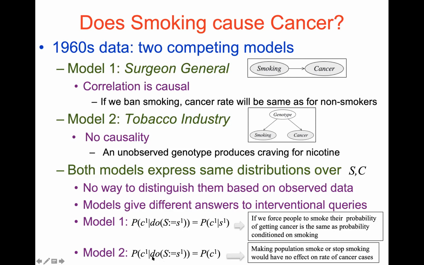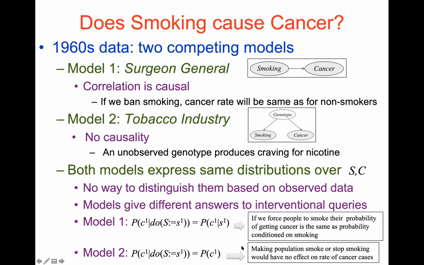Model 2, the second model says P of C1 given do S1 is equal to simply P of C1. So this says the cancer given S equal to S1 is exactly equal to P of C1. Whatever be the prior probability of cancer, given S1 it is not changed. So what these two mean is, the first one is saying, if we force people to smoke, their probability of getting cancer is the same as the probability conditioned on smoking.